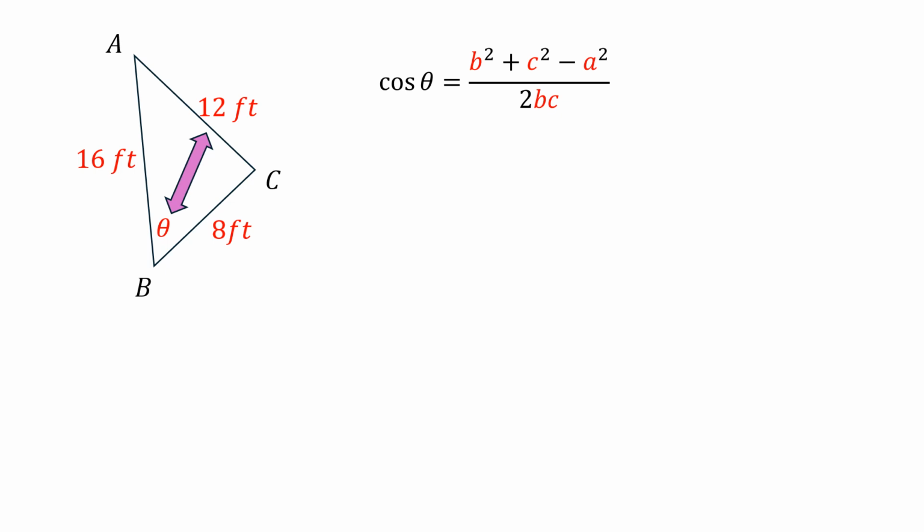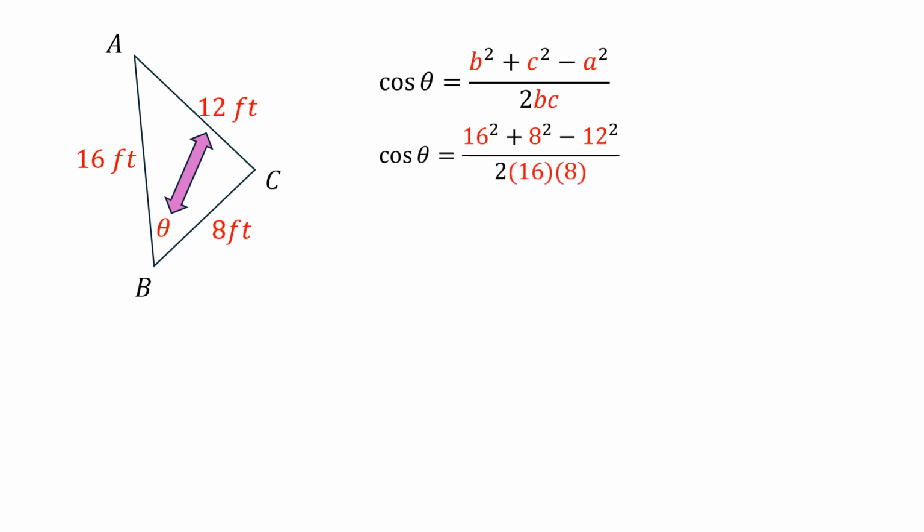So let's substitute everything. Cosine theta is equal to 16 squared plus 8 squared, those are the two sides beside the included angle, and those two are interchangeable, minus 12 squared, all over 2 times 16 times 8.